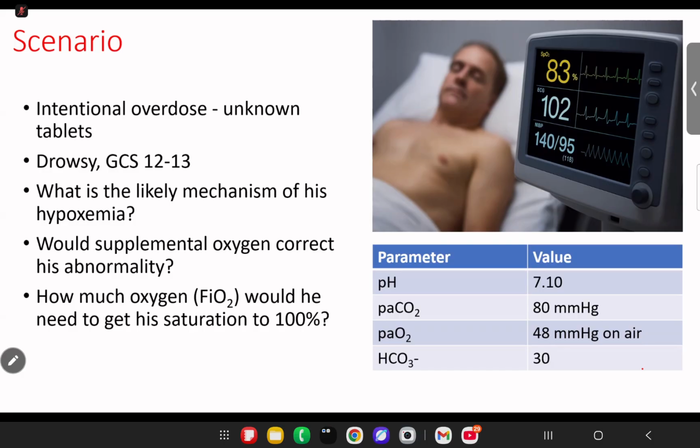How much oxygen would he need to get his saturation to 100%? How do you answer that question? How much oxygen do we need? Can anyone explain how to calculate how much oxygen he needs?